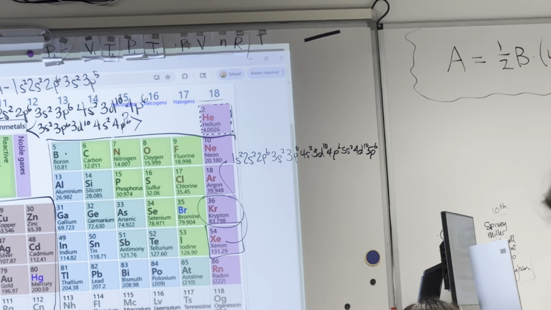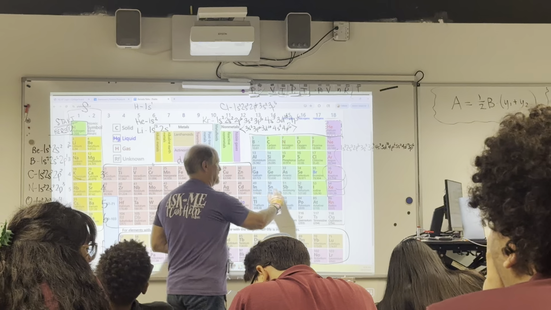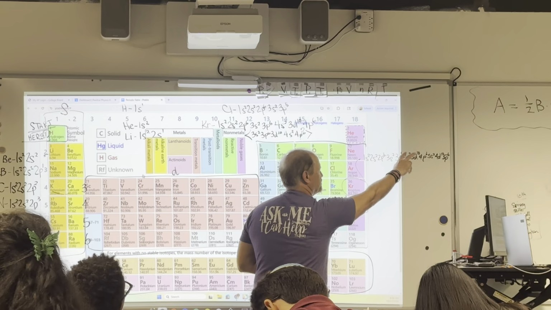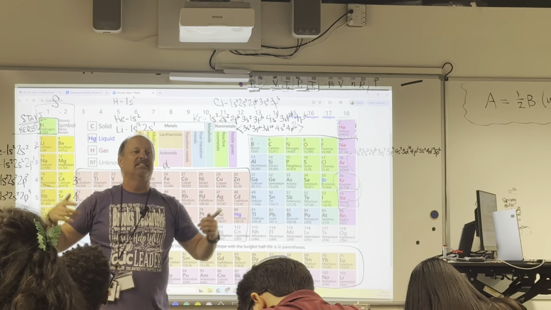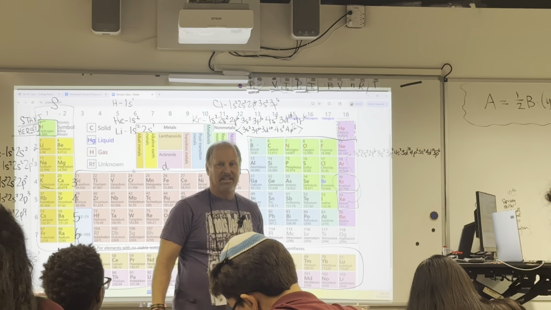Okay? So xenon, fifth energy level, 5s2, 5p6, has 8 electrons in it. Boom. That's the electron configuration for xenon.